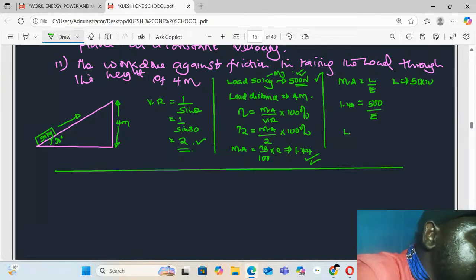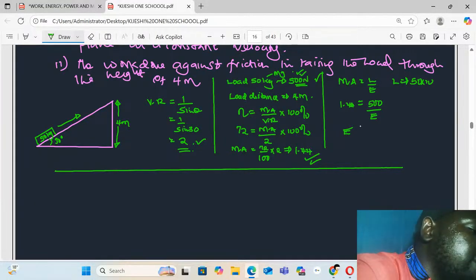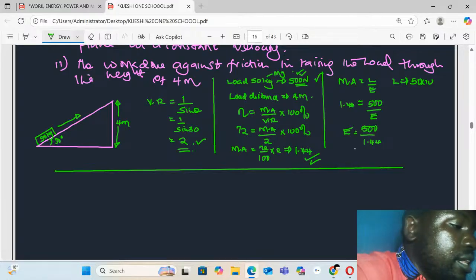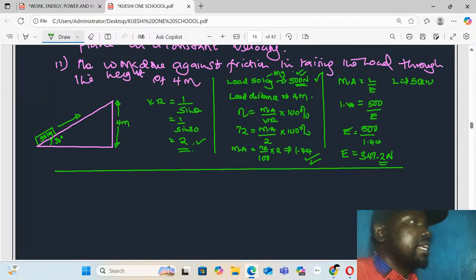Making E the subject of the formula, it will be 500 divided by 1.44, which takes us to 347.2 newtons. So this becomes our effort, and that is what we had been asked in the first question.